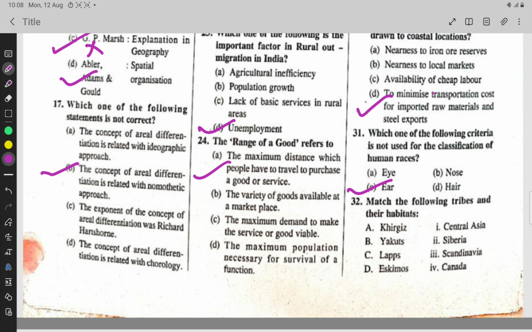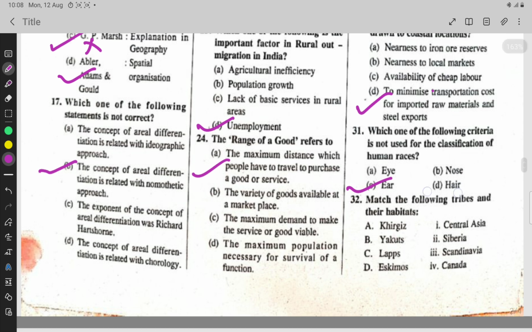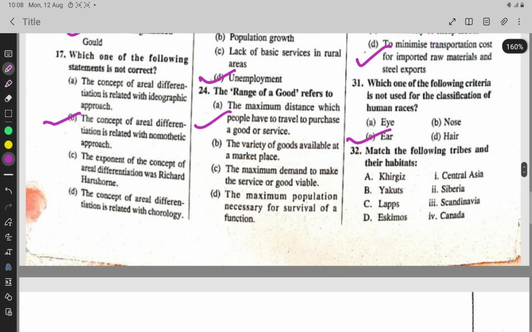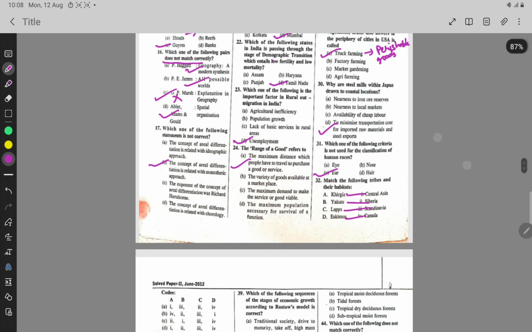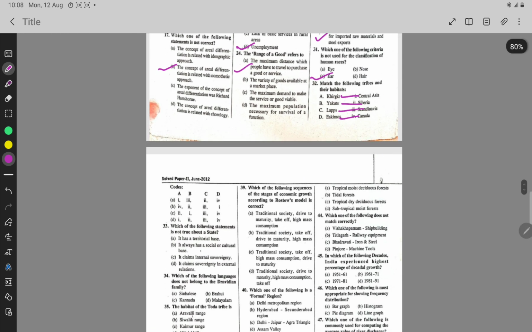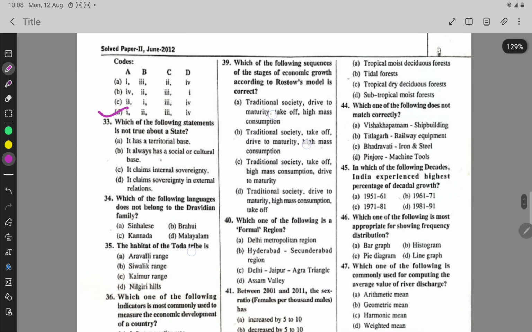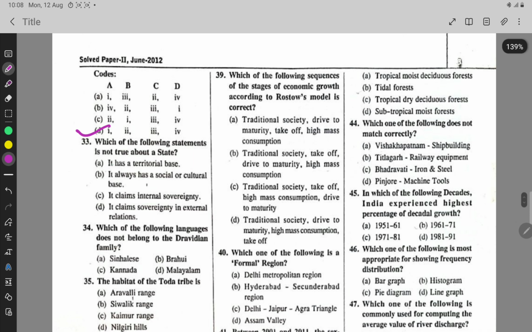Match the following tribes and their habitat: Central Asia, Kyrgyz; Yakut, Siberia; Lap, Scandinavia; Eskimos, Canada. So 1, 2, 3, 4 is D. Which one of the following statements is not true about a state?